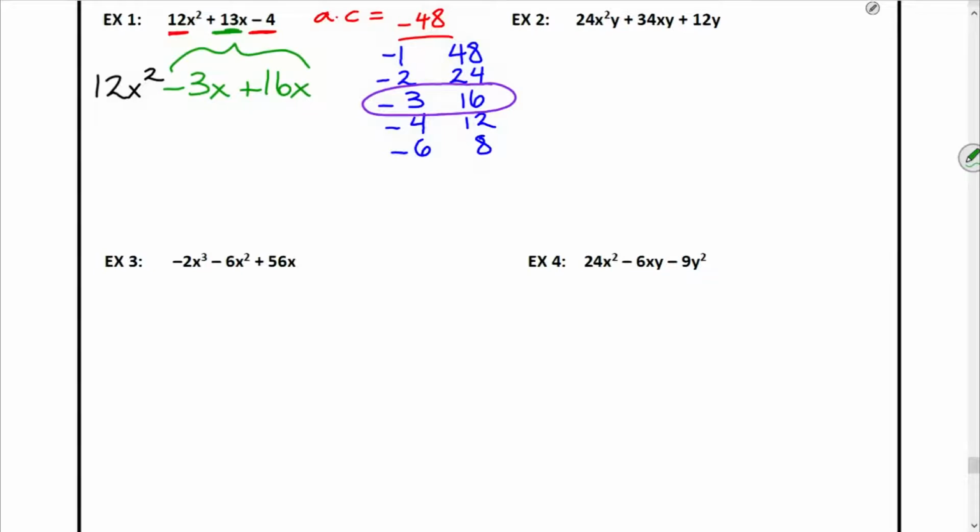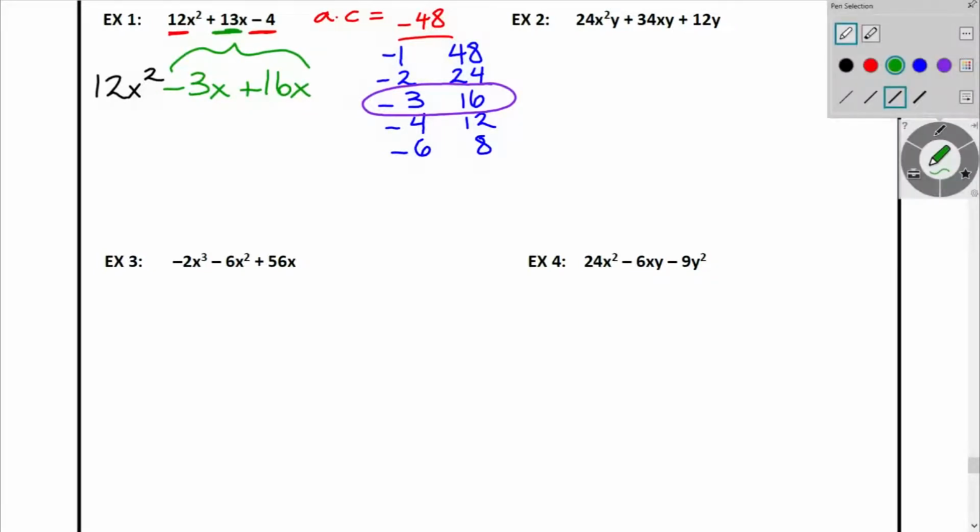I'm just expanding it into two different pieces, which will be very helpful for us later on. And then I still have my minus 4. Those didn't change. Just that middle term got expanded into two parts using this pair that I found.